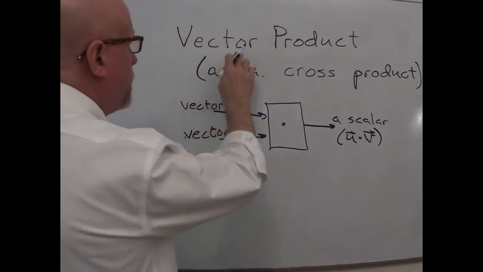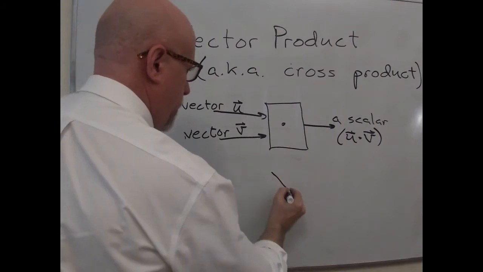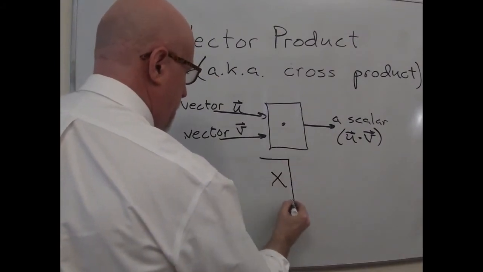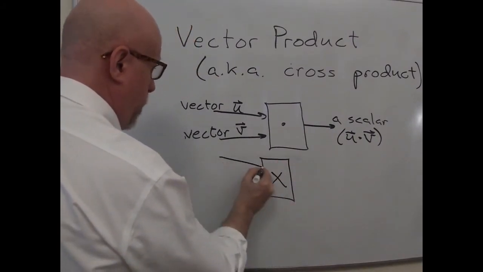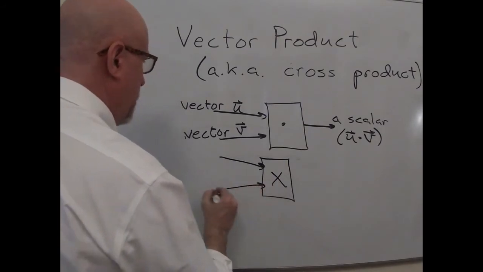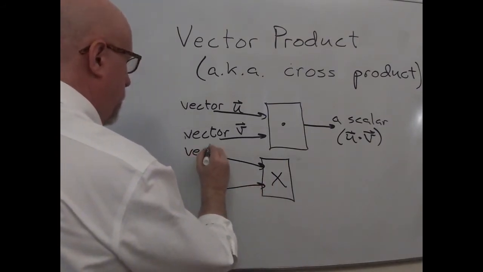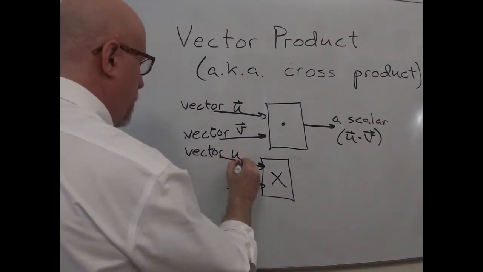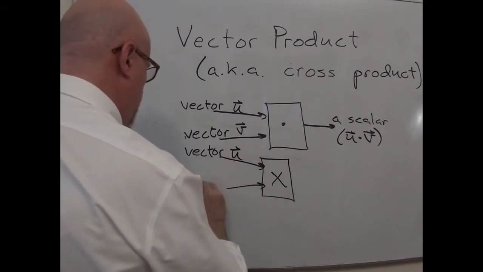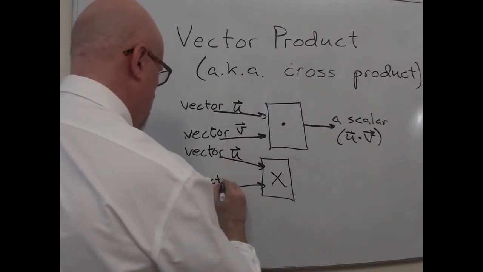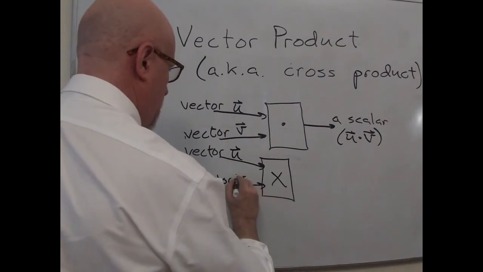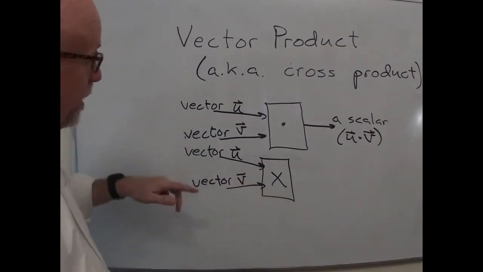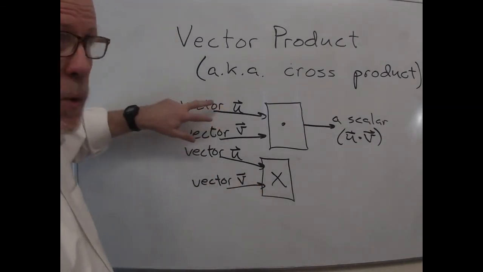Now, the vector product, which is written with an X like that, this diagram mostly looks the same. You've got two inputs, a vector u and a vector v. So if you think about it, really in both of these there's 6 numbers going in, right?